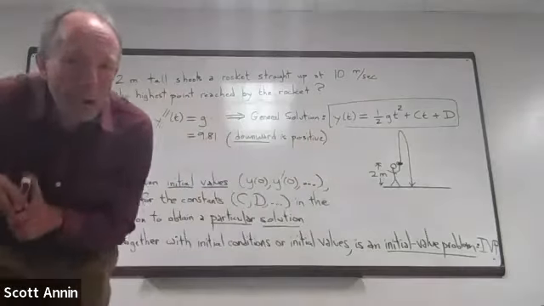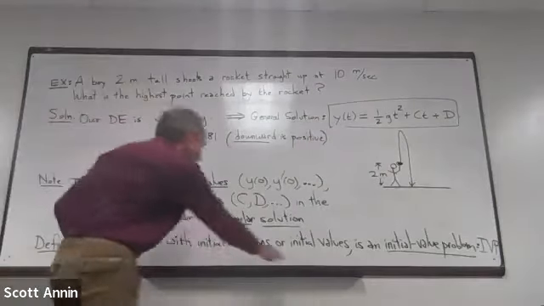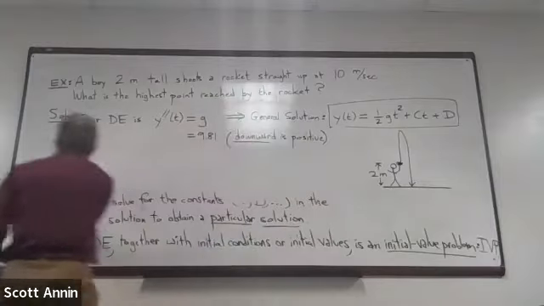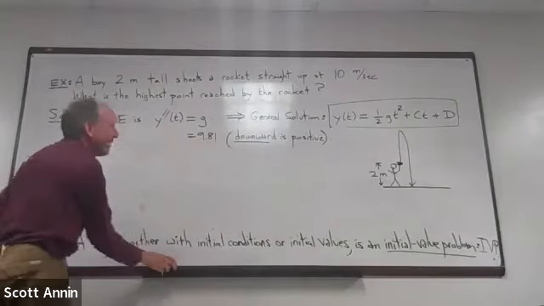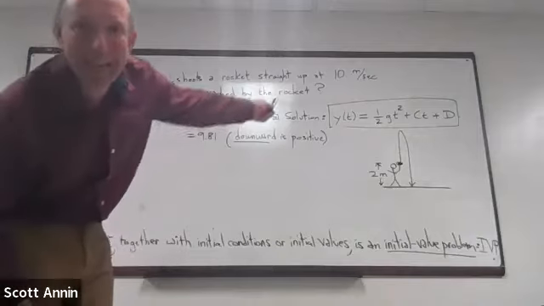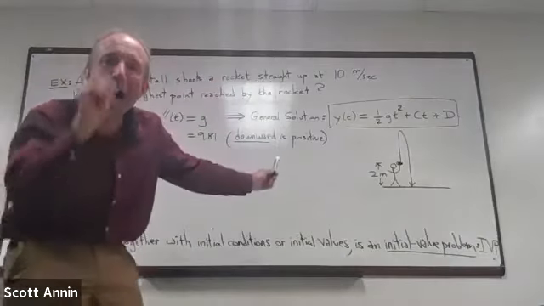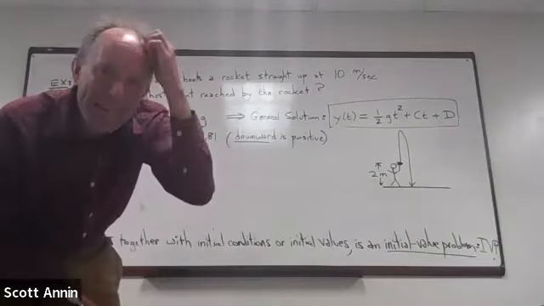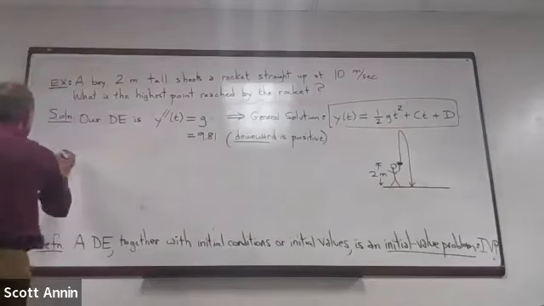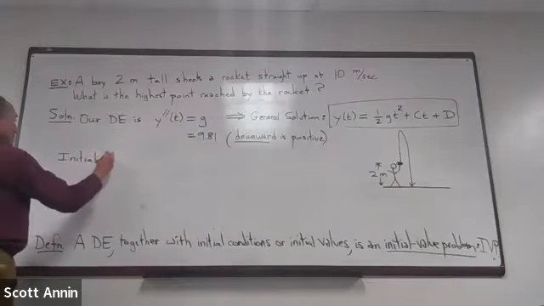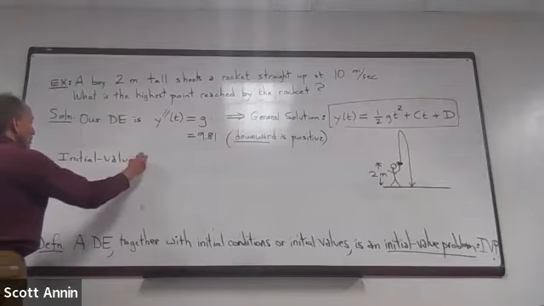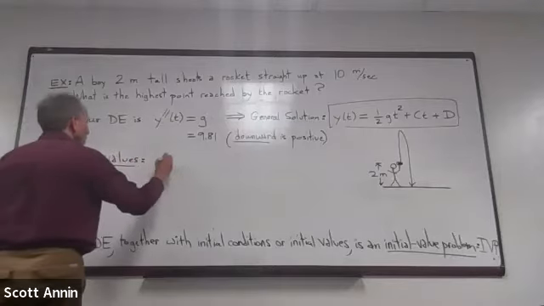And why is that important? Well, when I look at my initial values, I'm saying the rocket is shot straight up at 10 meters per second. So when I think about shooting the rocket upwards, let's write down our initial values, right?